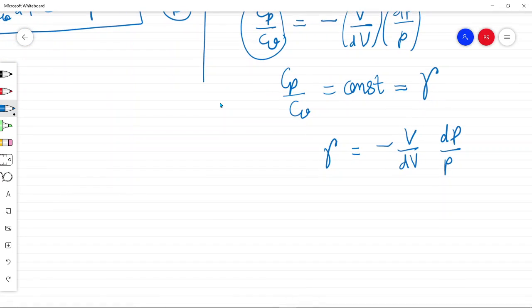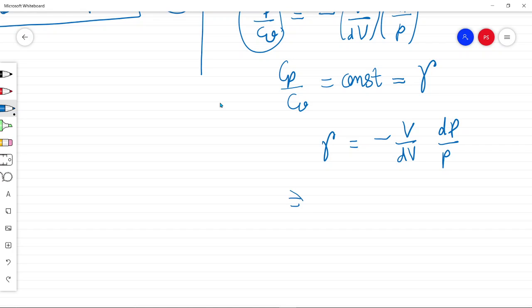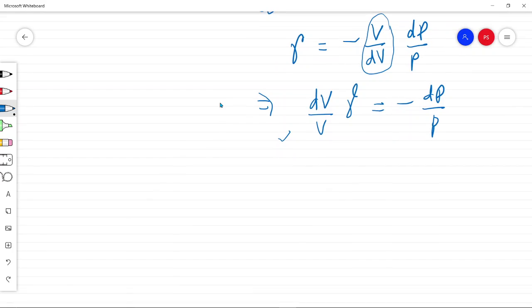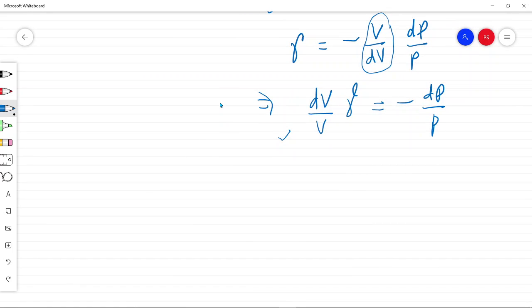Let us separate the variables to get gamma dV by V is equal to minus dP by P. So we take these two terms on the left hand side, gamma dV by V plus dP by P is equal to 0.